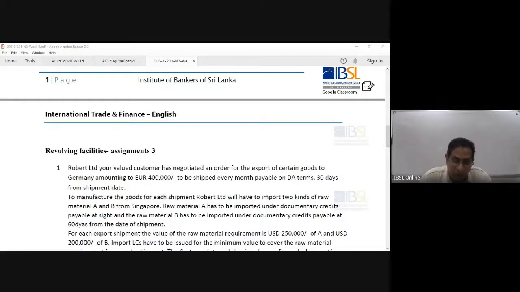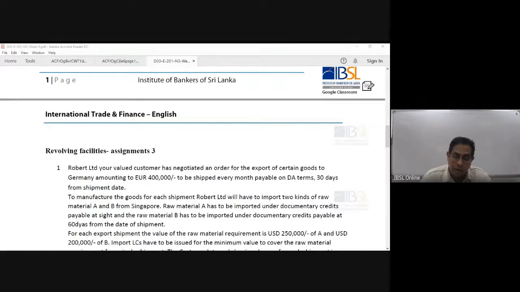Right. If the trade term, this is a good question. If the trade term used was CFR Hamburg, Incoterms 2010, and the goods are damaged during the loading of the goods to the vessel at the port of Colombo, state who will have to bear the risk and how they recoup their loss.